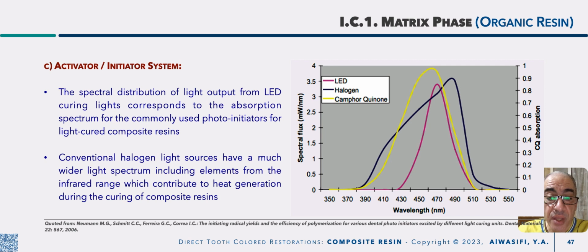That's why when you are working with a quartz tungsten halogen device, okay, this device is supplied with an internal fan just to cool the heat produced by extra unused waves, okay, or wave spectrum, wavelengths, okay.